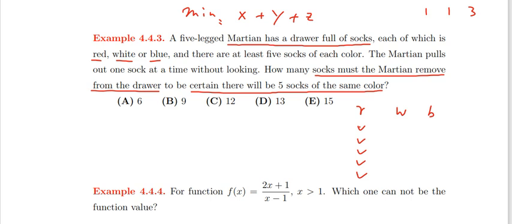The worst case is picking so many, 12, right, and still no 5 socks of the same color. If we pick one more, we can guarantee it, so this number should be 13.